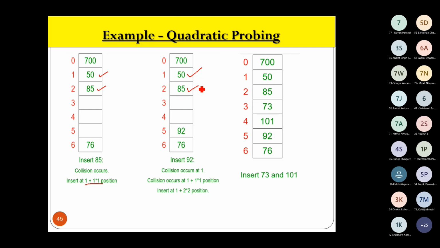Then 101 mod 7. What is the result? The remainder is 3. So location 3, is it free? No. Collision has occurred. That's why we will search for the next location by applying quadratic probing.